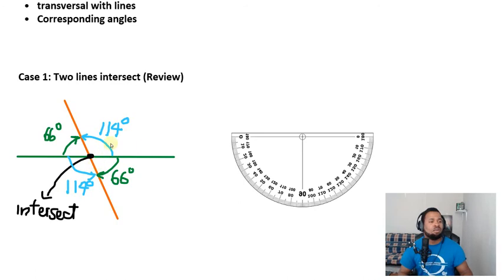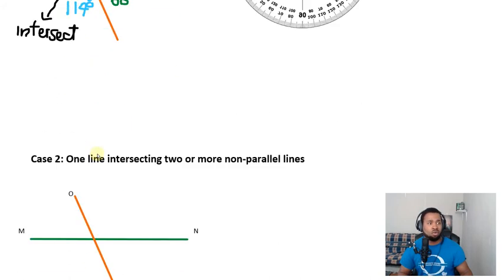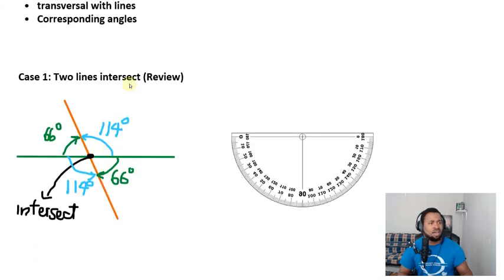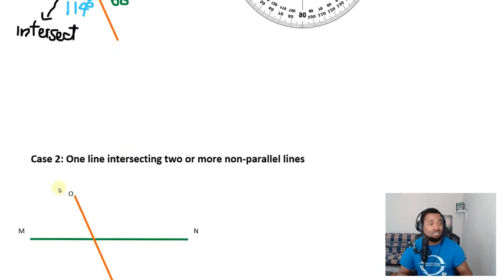Please keep this in mind and how we are going to use this strategy to answer other questions. Take note that this same pattern of angles is exactly the same as in case 2, between the orange and the green line. As I rewrite this, you're going to see some interesting things.